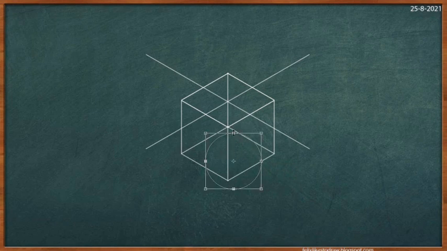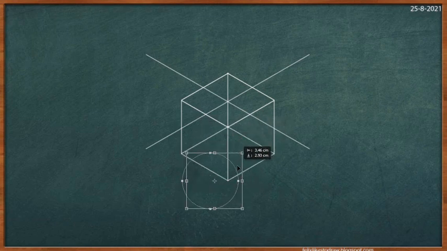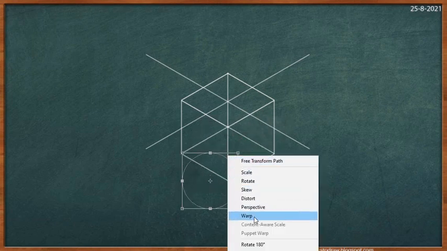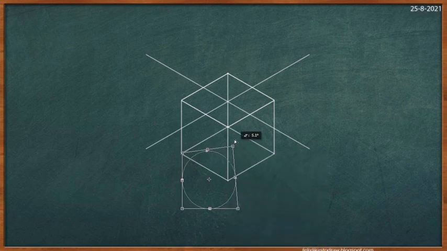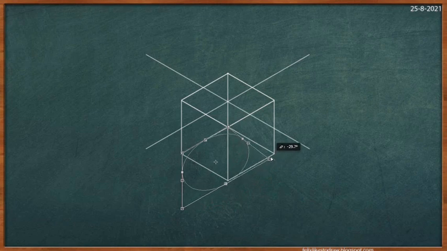Fit the circle by distorting it according to the plane that you have underneath, the square plane that you see. So I'm going to fit that inside that square plane over there, so that it looks like it's a part of that one.